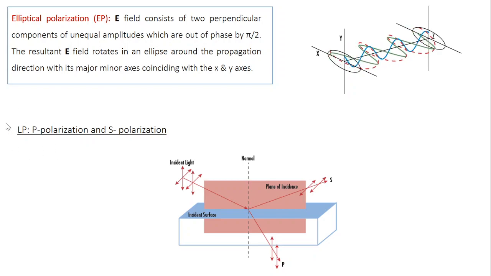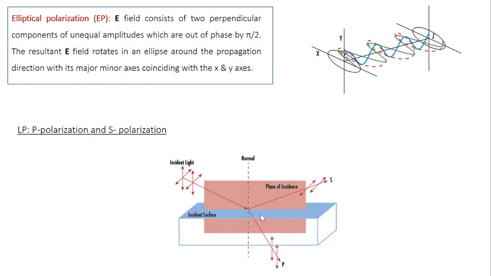Sometimes for linearly polarized light, instead of saying horizontal and vertical polarization, people talk about P polarization and S polarization. So you will see this terminology in optics or laser textbooks. This refers to the incident surface or the plane of incidence. So let's try to understand. Suppose I have an incident light coming from this direction.